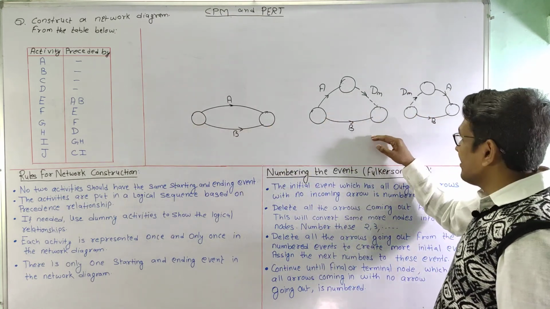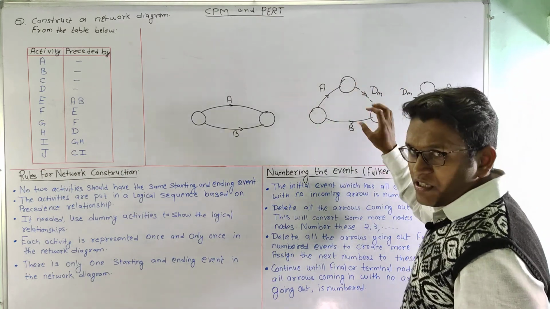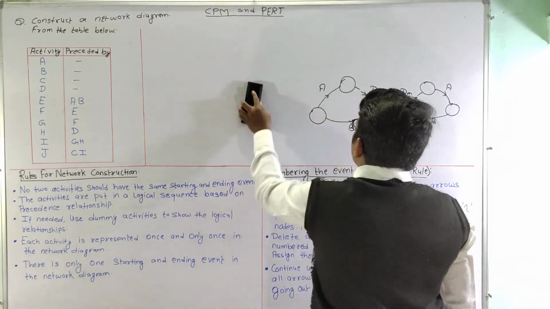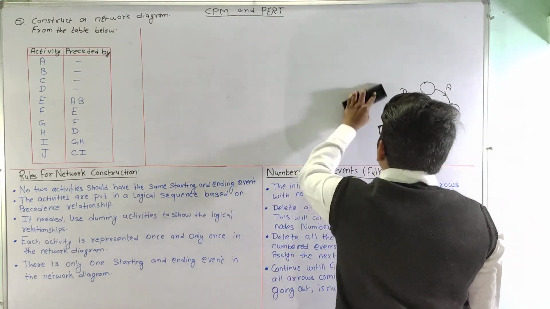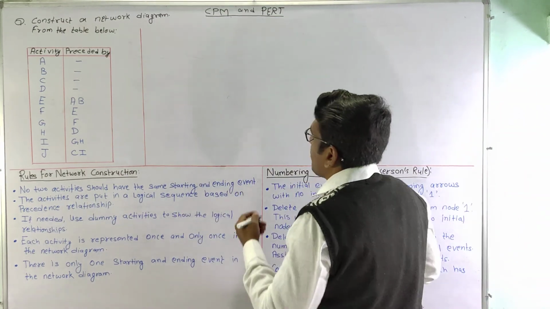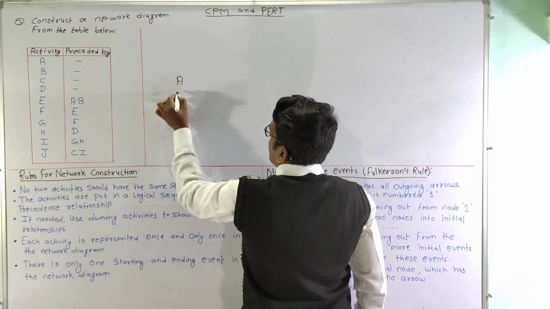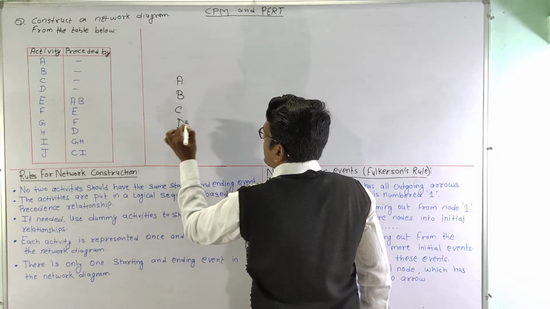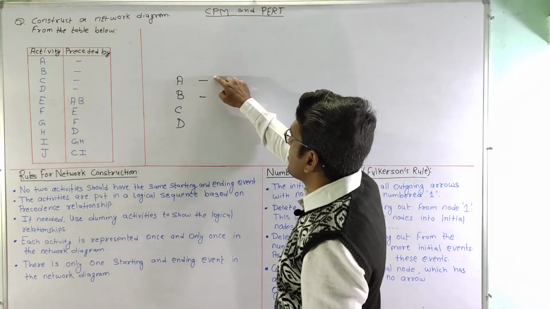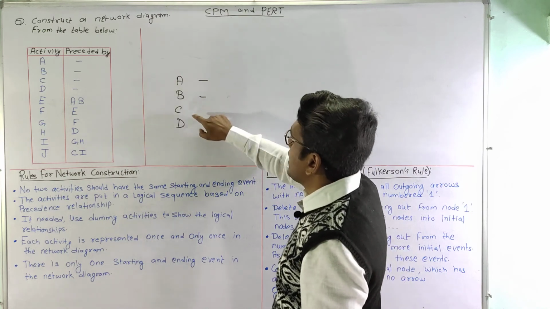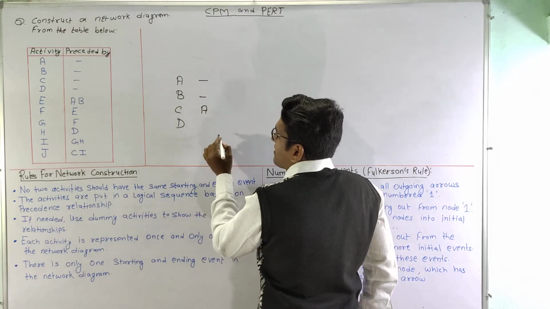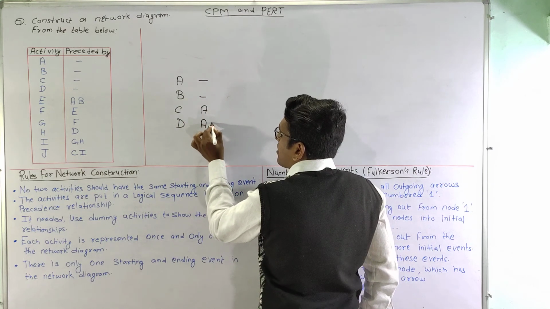So first, the dummy activity can be used in this manner, or there are other situations. Let us assume a situation where there are four activities A, B, C and D. Activities A and B do not have any precedence, that means they are not preceded by any activity, activity C is preceded by activity A, and activity D is preceded by A and B both.